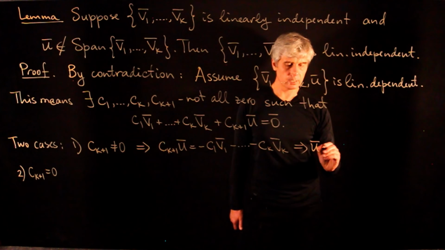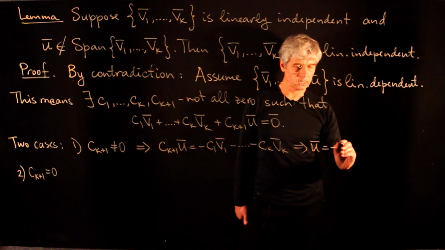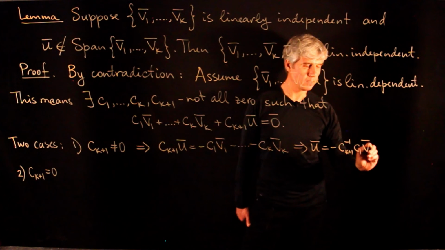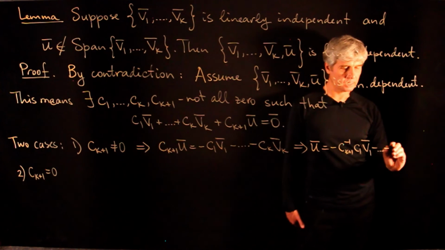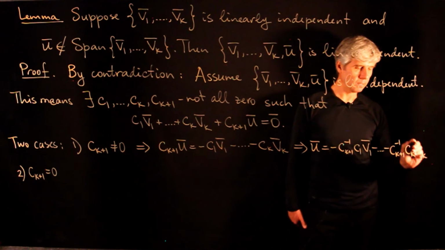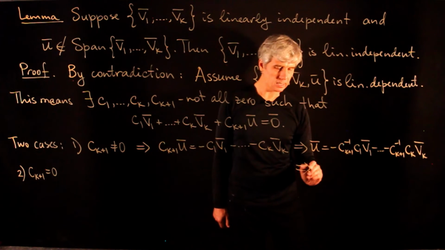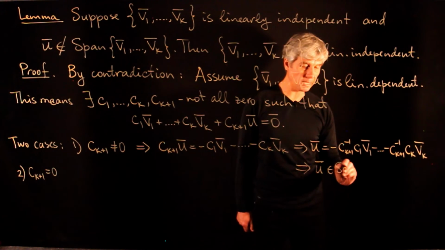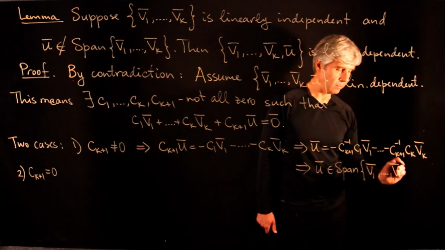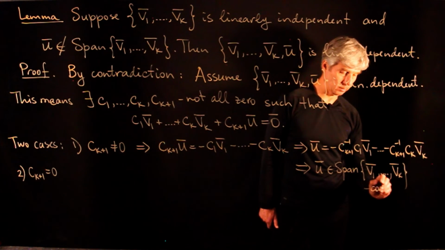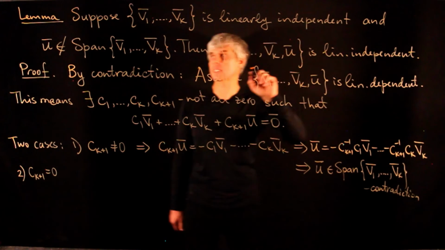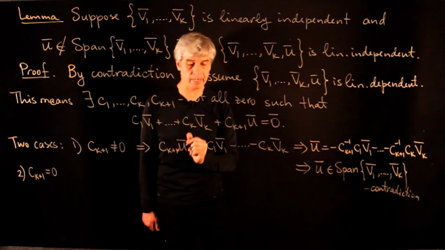So u is equal to negative ck+1 inverse times c1 v1 minus ... minus ck+1 inverse ck vk. This tells us that u belongs to the span of v1 to vk, and that's a contradiction, because our assumption is that u does not belong to this span.